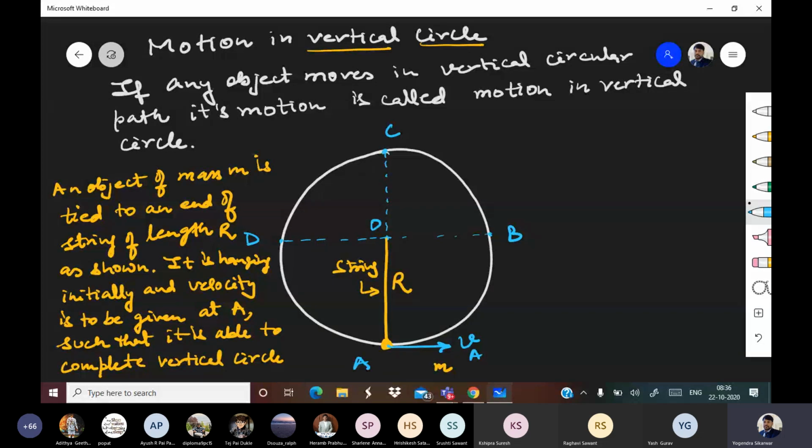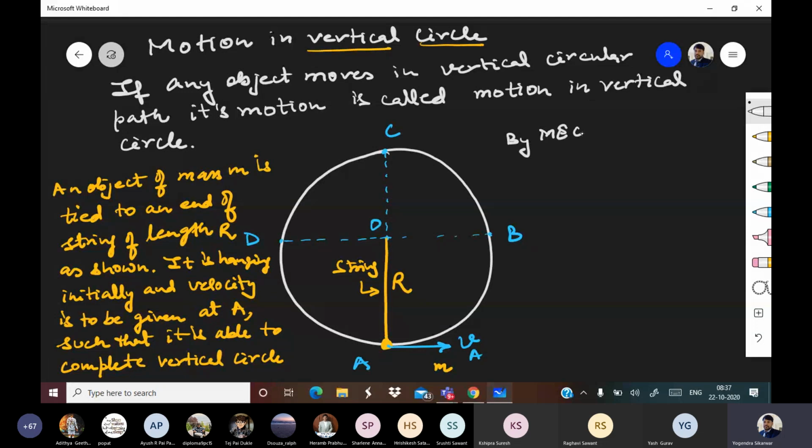That means to complete the vertical circle, the object should be able to reach up to C. Otherwise, how is it going to complete the vertical circle, right? So now we are going to apply MEC, mechanical energy conservation.